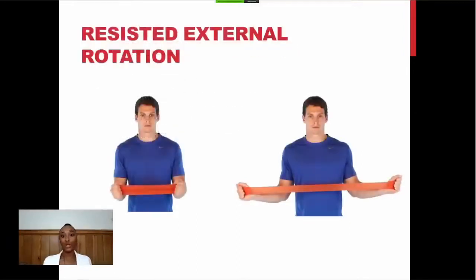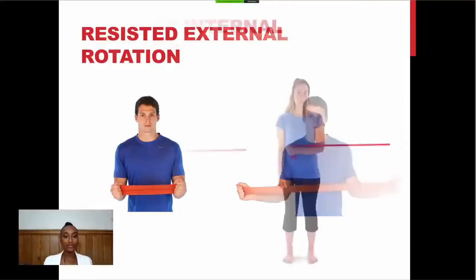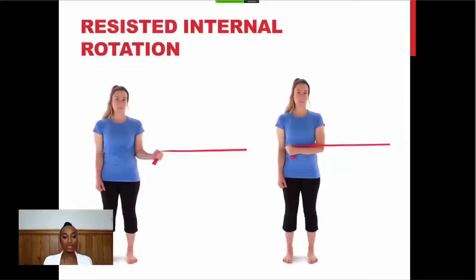So I've just got a few exercises to show you. Some things that you can start doing at home, maybe if you've got some resistance band. So this movement here is external rotation. That's one of the main functions of the rotator cuff, giving you that external rotation. So having your elbows against your side, pulling the band out against resistance. And internal rotation, which is the opposite, so pulling in towards you instead of pulling out.